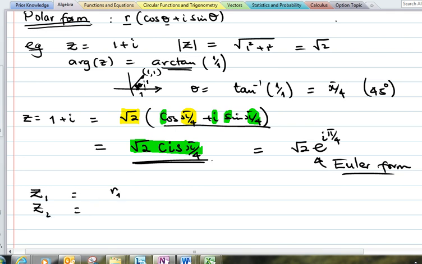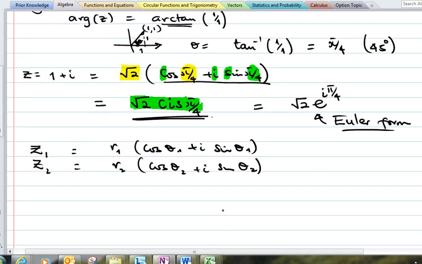So say z1 is r1 (cos theta 1 plus i sine theta 1), and z2 is r2 (cos theta 2 plus i sine theta 2). And we will establish what happens when we multiply z1 and z2, and what happens when we divide z1 by z2, in terms of both the modulus and the argument.